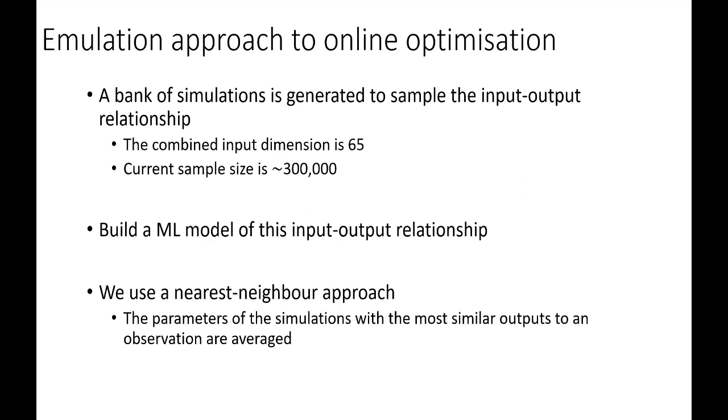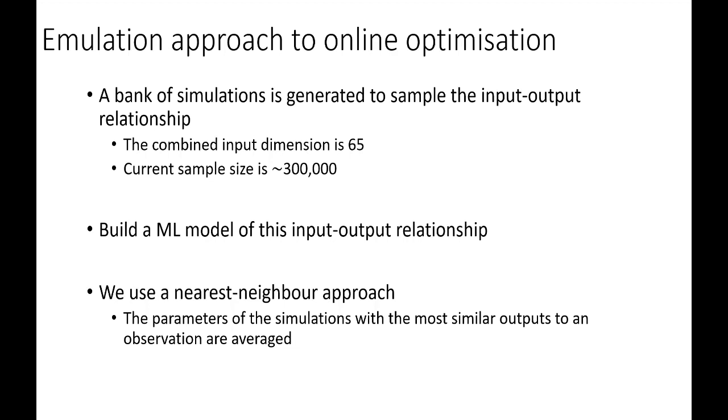Okay, so taking that forward, we now want to sample that space of possible inputs. So in our case, it's about a 65-dimensional space. We run the simulation over and over again to build up a bank of these simulations, of these input-output relationships, okay? Currently, we've got about 300,000 of them.